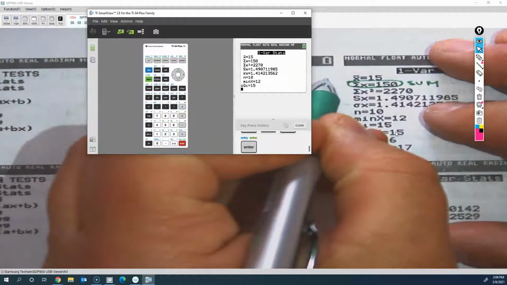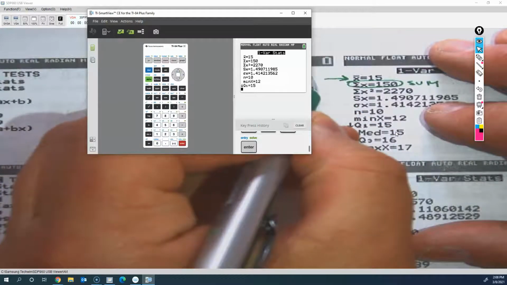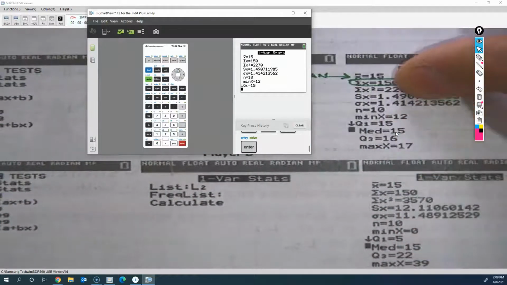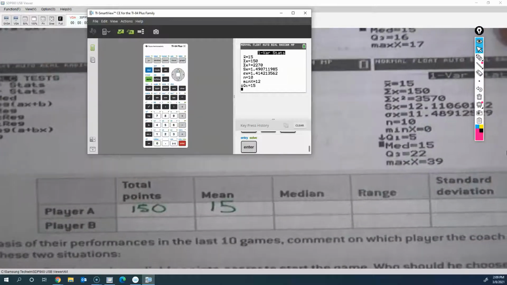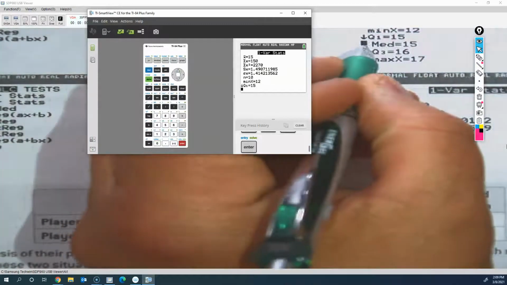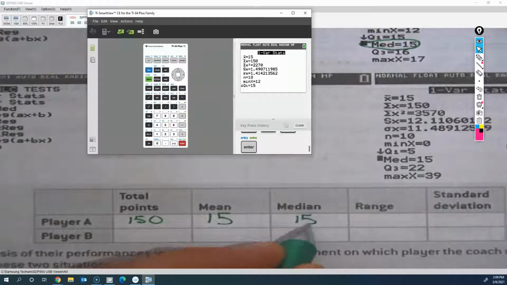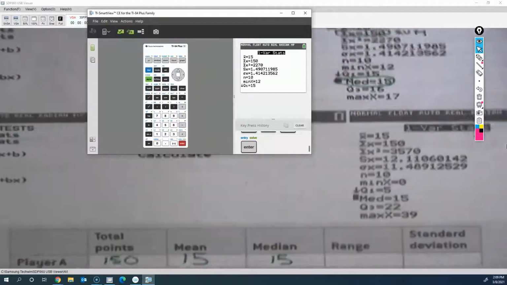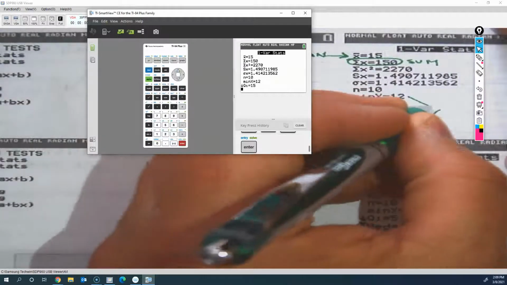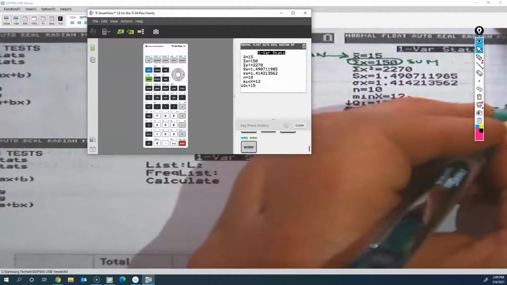X with the little bar on the top was another way of saying mean. So this player had an average score of 15 points a game. Down here is your median, and that was also 15. And then to get the range, I'm doing the max, take away the min, and that's 5.